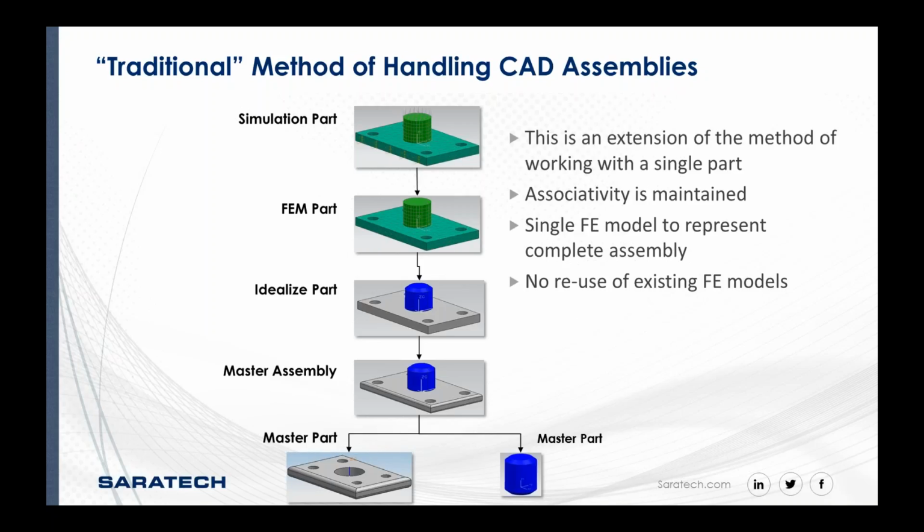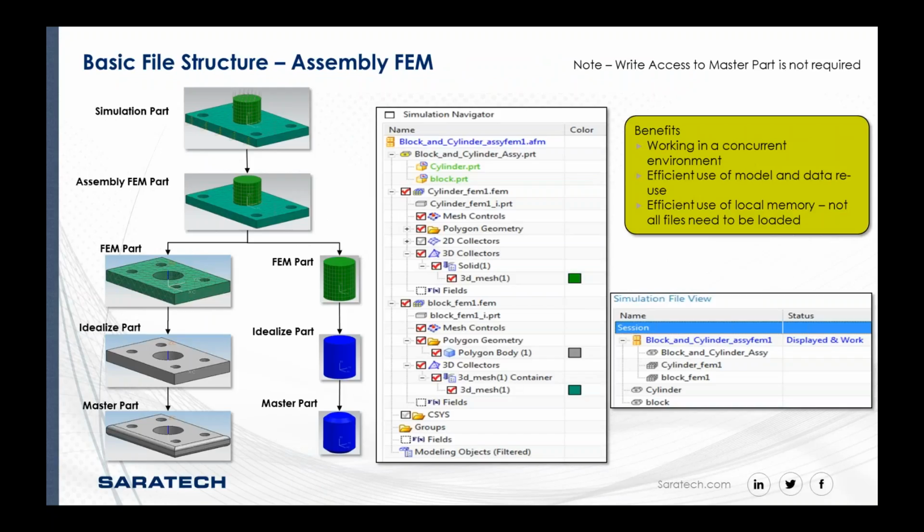But today I want to go over talking about the assembly FEM. So the assembly FEM is a little different of a concept, but each individual entity of the assembly has its own FEM part. And then we're going to have a top-level FEM part as well. So here in my image, each master part has its own idealized part and its own FEM part. One of the nice things about this is that maybe some change is made.